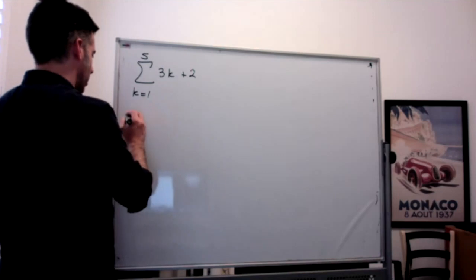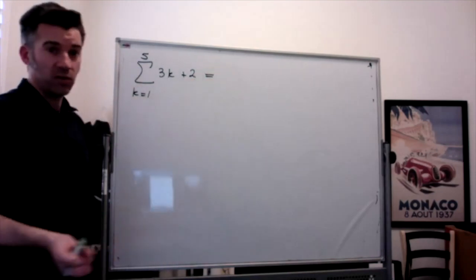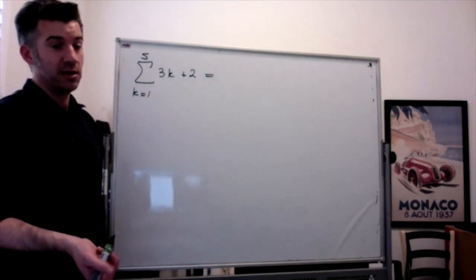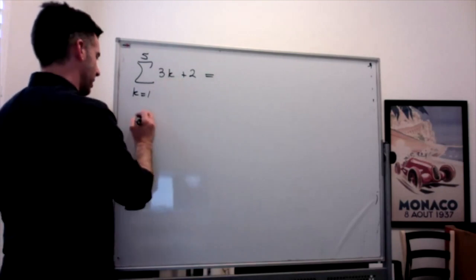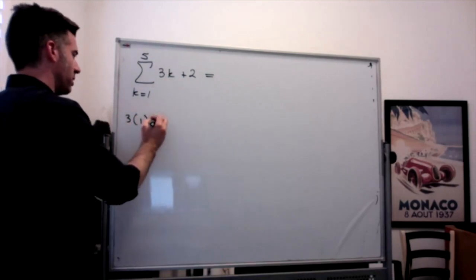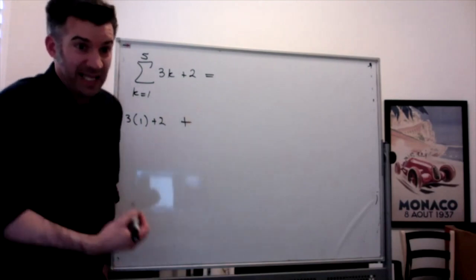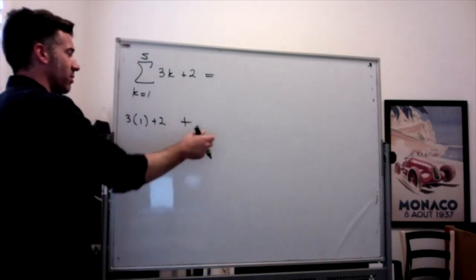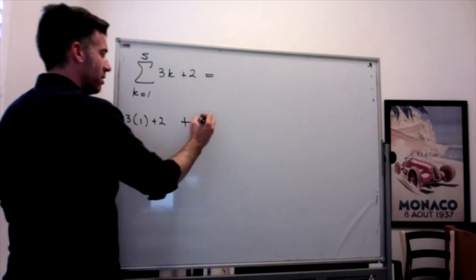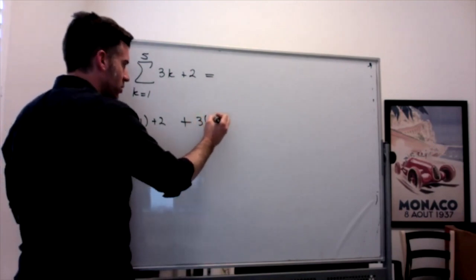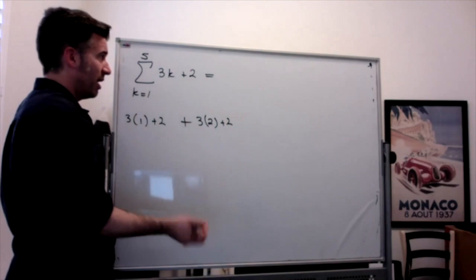First, k equals 1, so literally plug in 1 for k, and we get 3 times 1 plus 2. It's a summation, so we're adding stuff up. In the next one, we plug in 2 for k and get 3 times 2 plus 2.